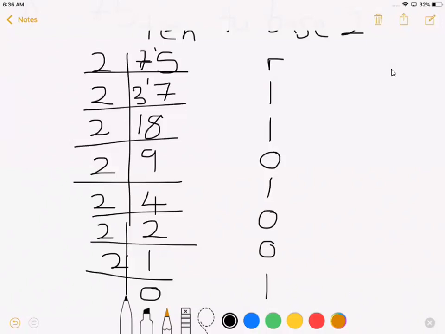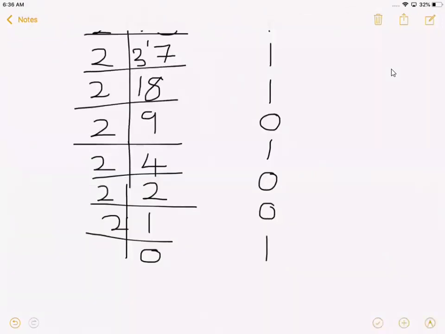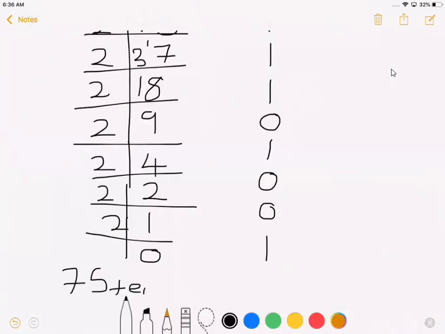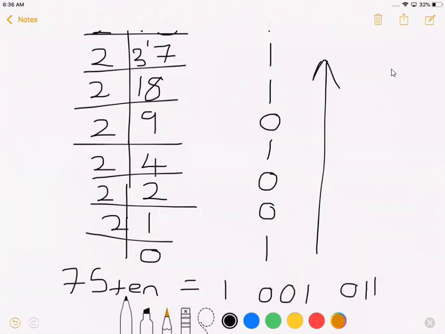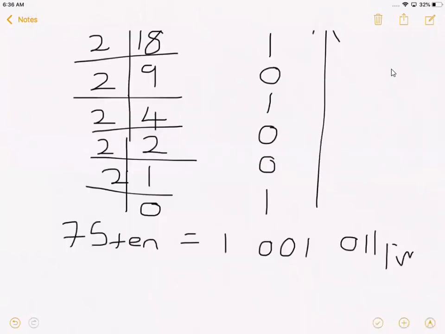Therefore, 75 in base 10 is equal to, starting from the bottom going up, 1001011 in base 2.